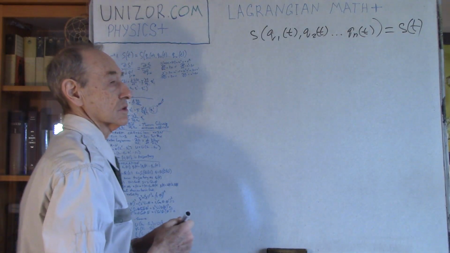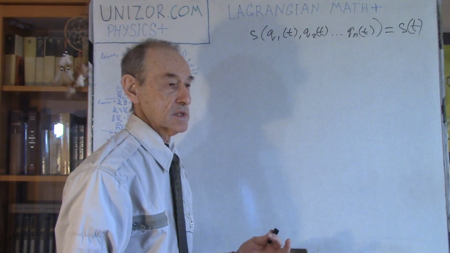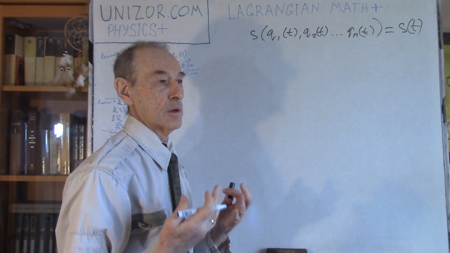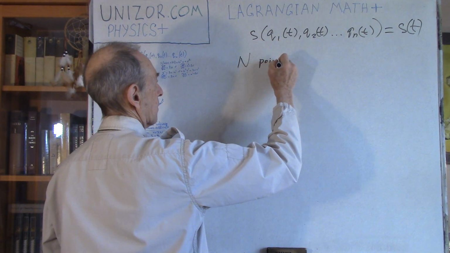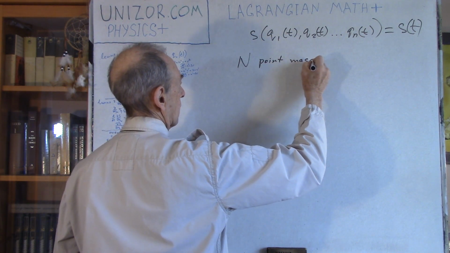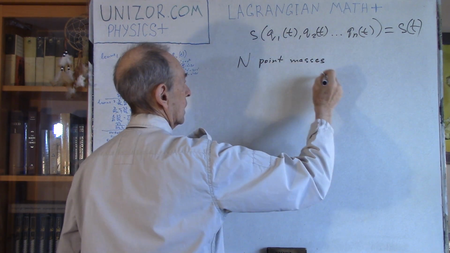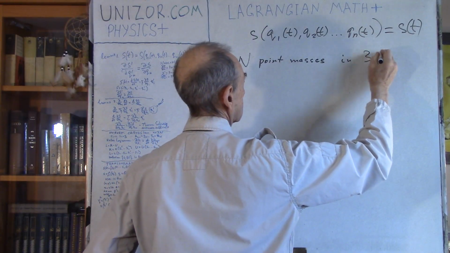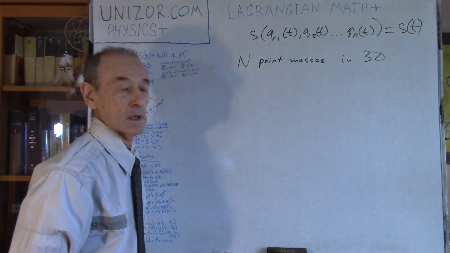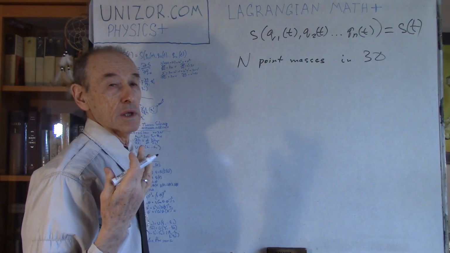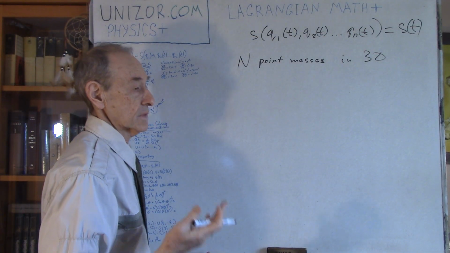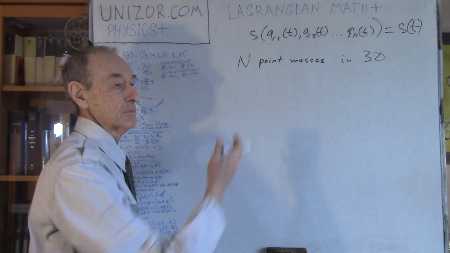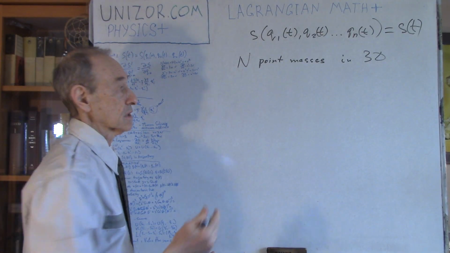So let's imagine that we have a system of n point masses in three-dimensional space. Every component of the system has three coordinates, right?